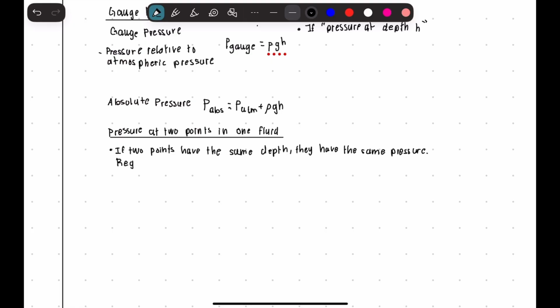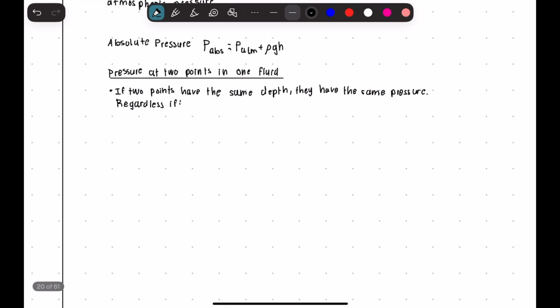This is regardless of shape, width, volume, and total amount of fluid.